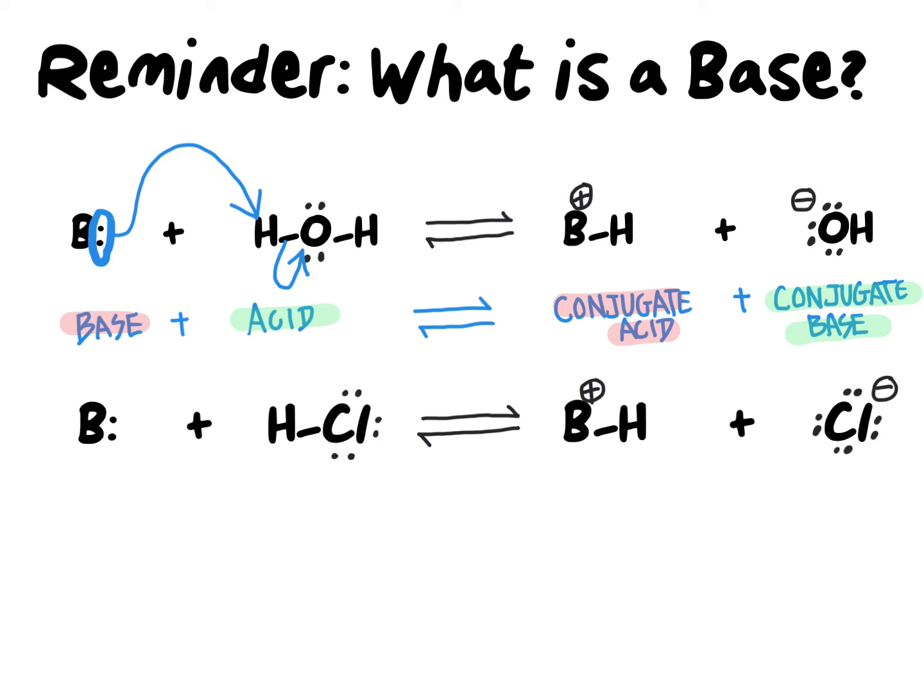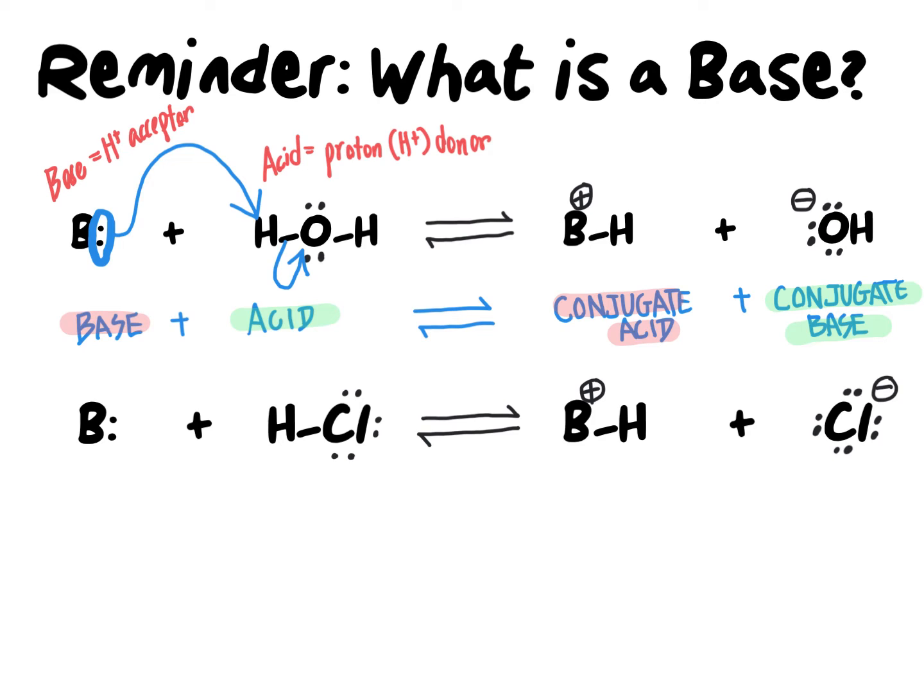So in other words, the acid is the proton donor, where the proton is H+. The acid is losing a proton, and it's giving it to the base, which we could then describe as the proton or H+ acceptor.